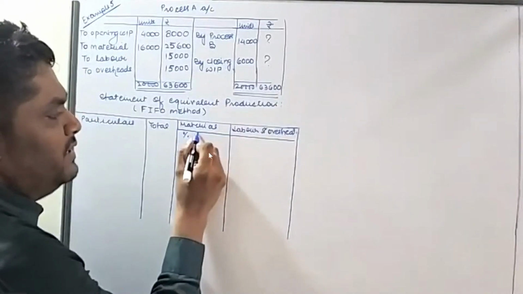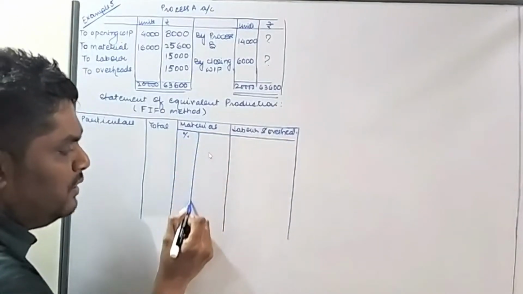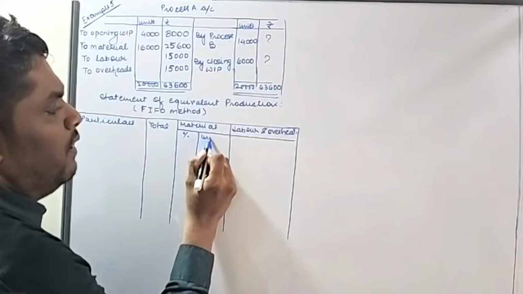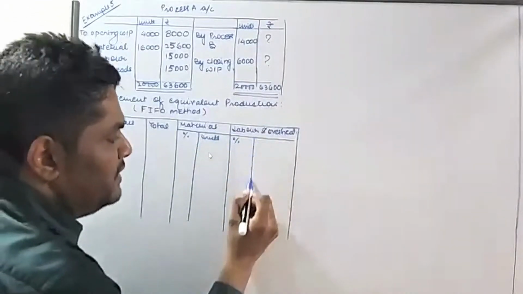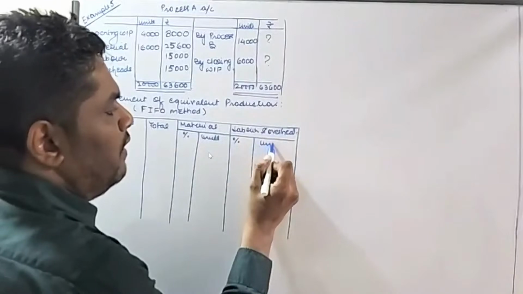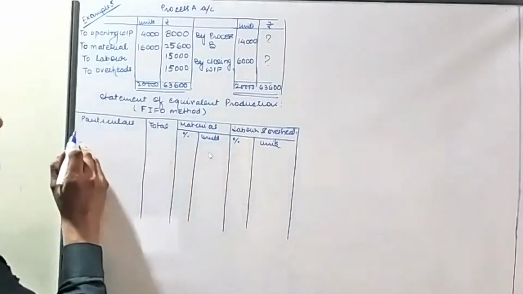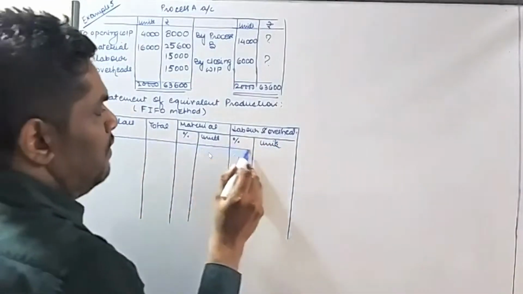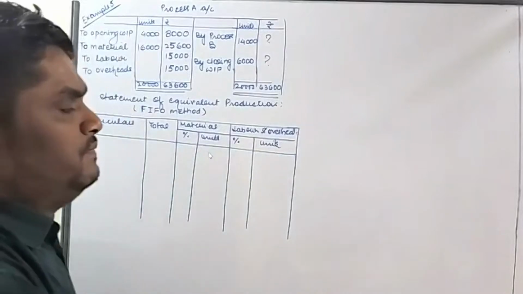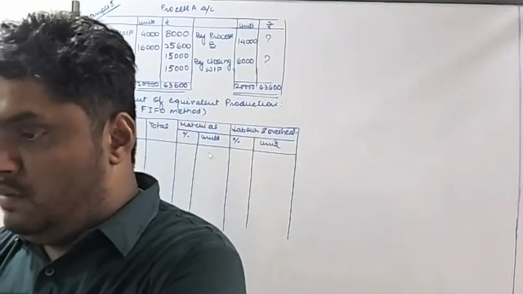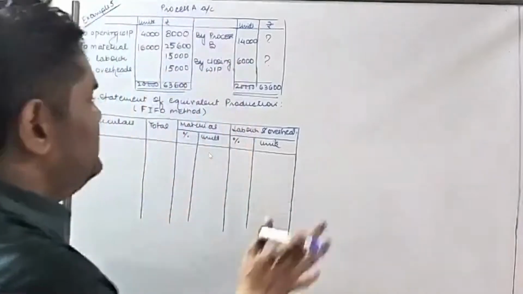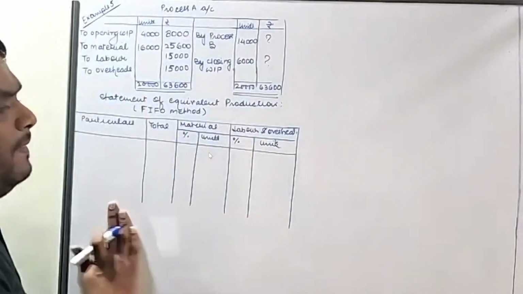That is percentage of completion and number of units, percentage of completion and number of units. So now let's start with FIFO method.